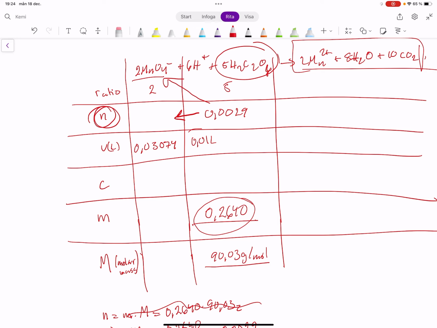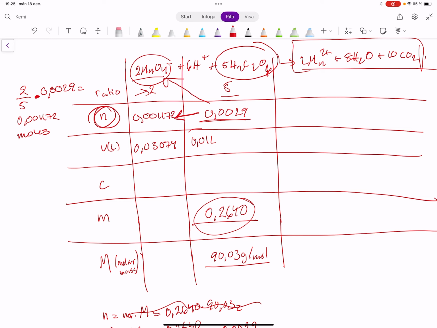So if you want to know this one, you take the number 2, divide it by 5, and multiply it by 0.0029, and this equals, so you write how many moles you have here.